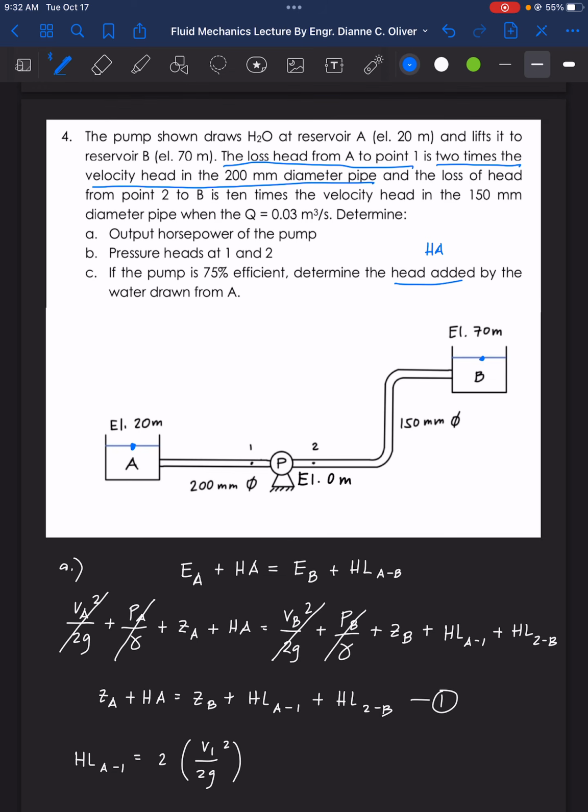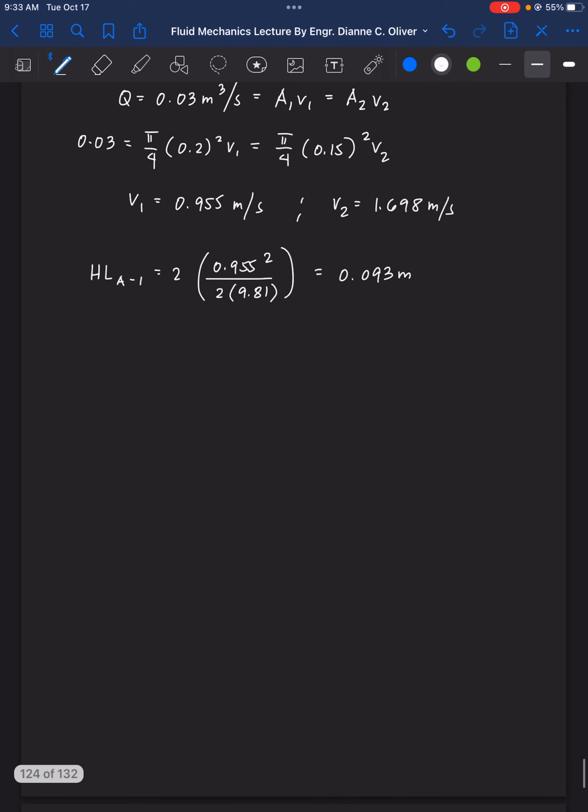The loss head from point 2 to B is 10 times the velocity head in the 150 mm diameter pipe. So head loss 2 to B is 10 times the velocity head in 2.